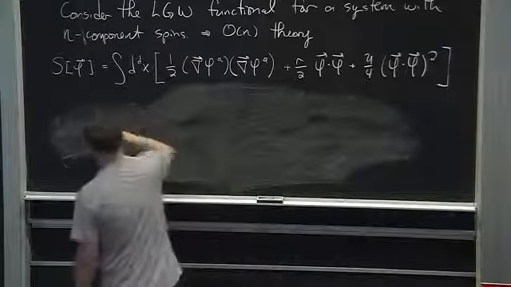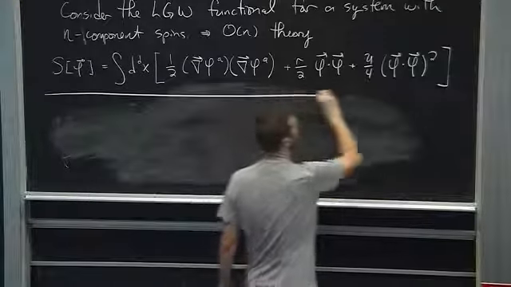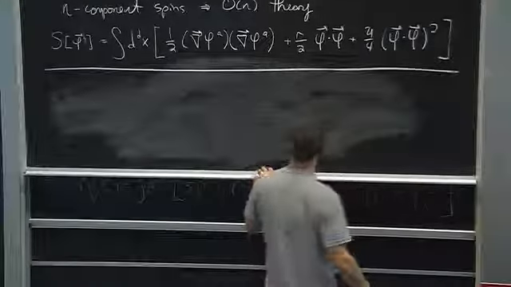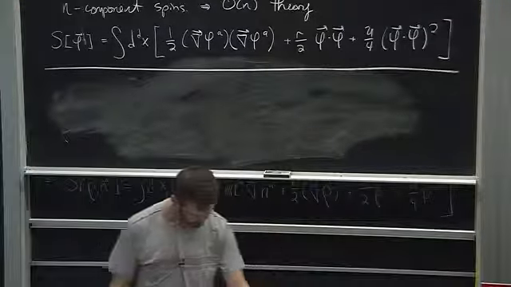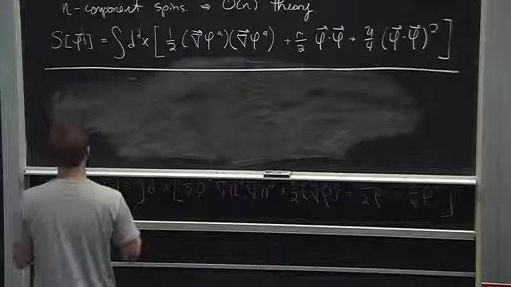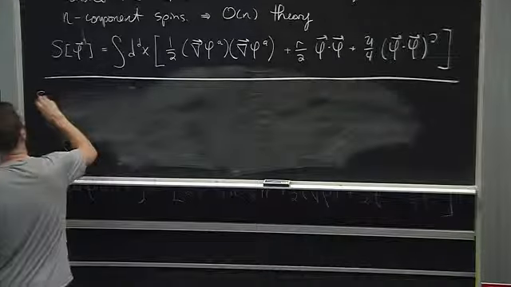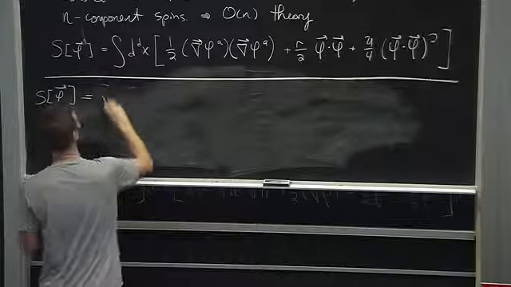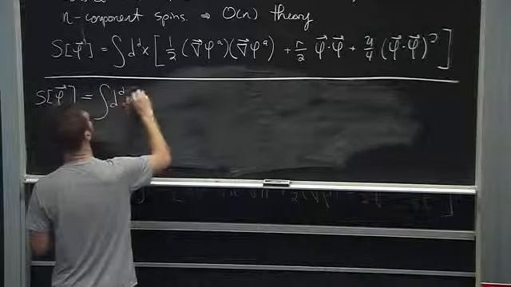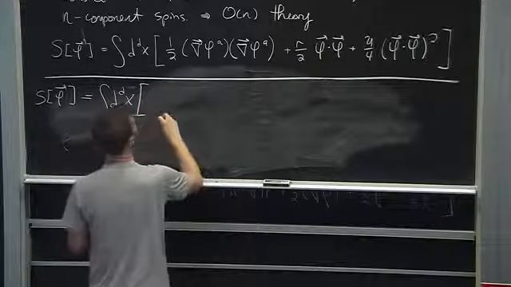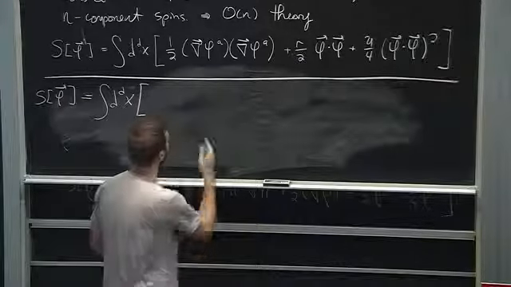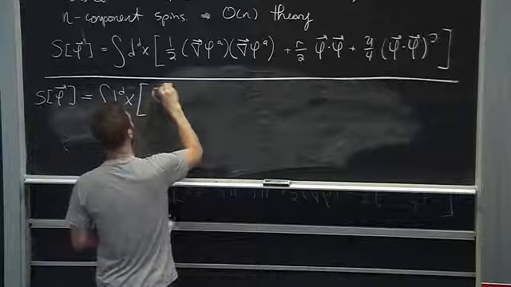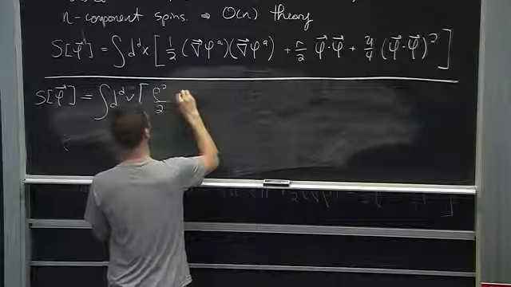Okay, so let's just keep looking at this. Okay, so we got 1/2 in front of here, so it's rho squared by 2.